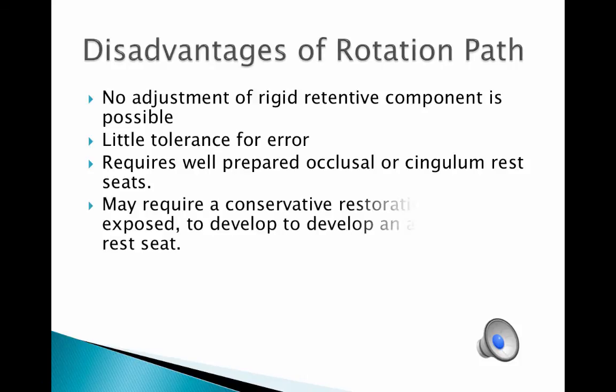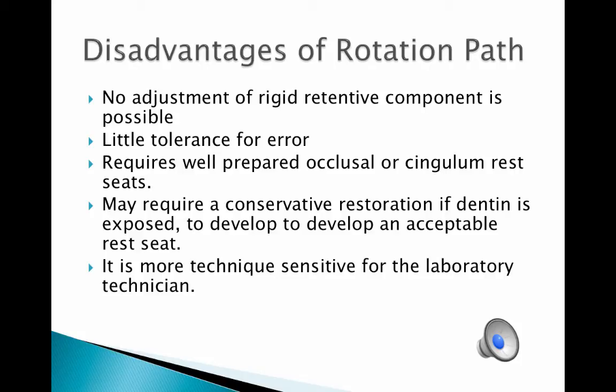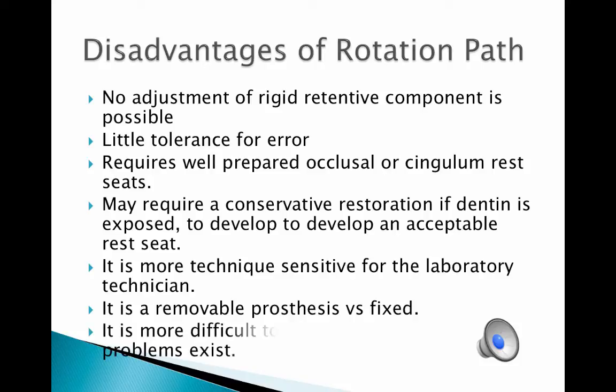It may require conservative restoration if the dentin is exposed to develop an acceptable rest seat. It is more technique sensitive for the laboratory technician, and it is a removable prosthesis in the end instead of a fixed one that doesn't have to come in and out of the mouth. It is also more difficult to seat if the dentist has some types of problems than a conventional partial denture.